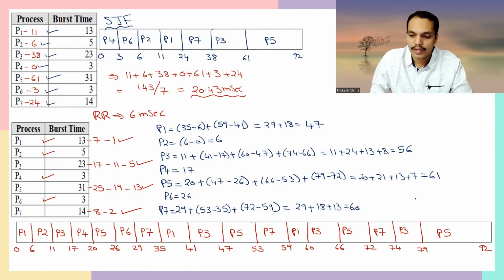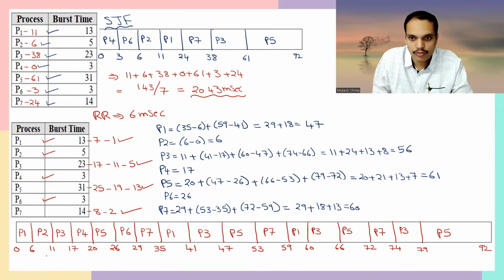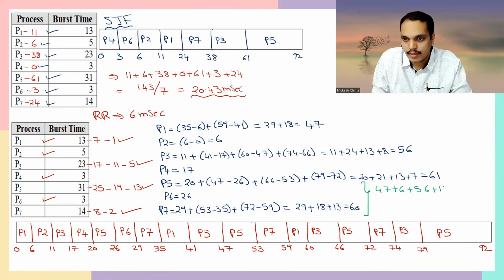If you want to calculate the sum, what you get here is 47 plus 6 plus 56 plus 17 plus 61 plus 26 plus 60, which equals 273, divided by 7.